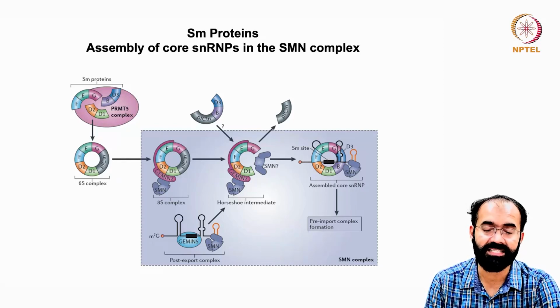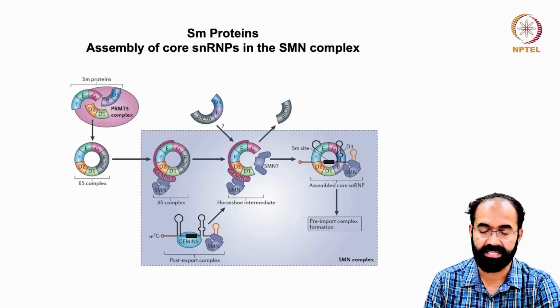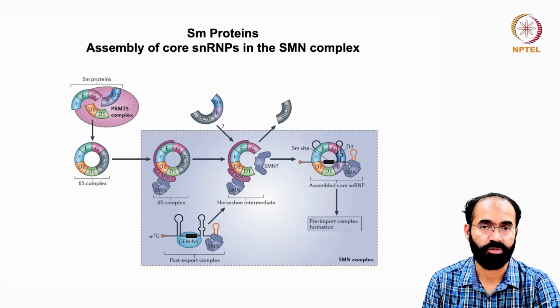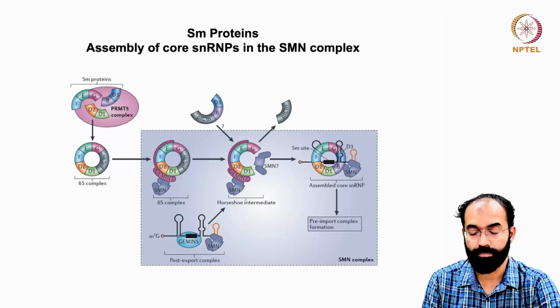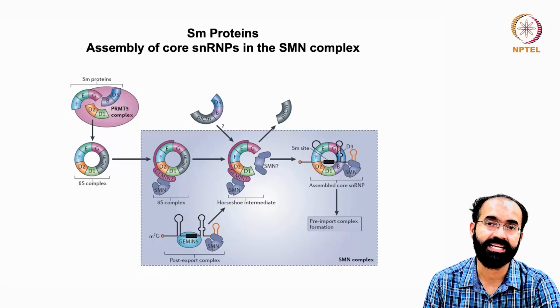Once the hypermethylation is done, nuclear import takes place. So formation of snRNP is a complex process, and it is happening in a sequential and stepwise manner. If this fails in some way or the other, the splicing gets compromised, and the compromised splicing can give serious problems with the functioning of any given gene.